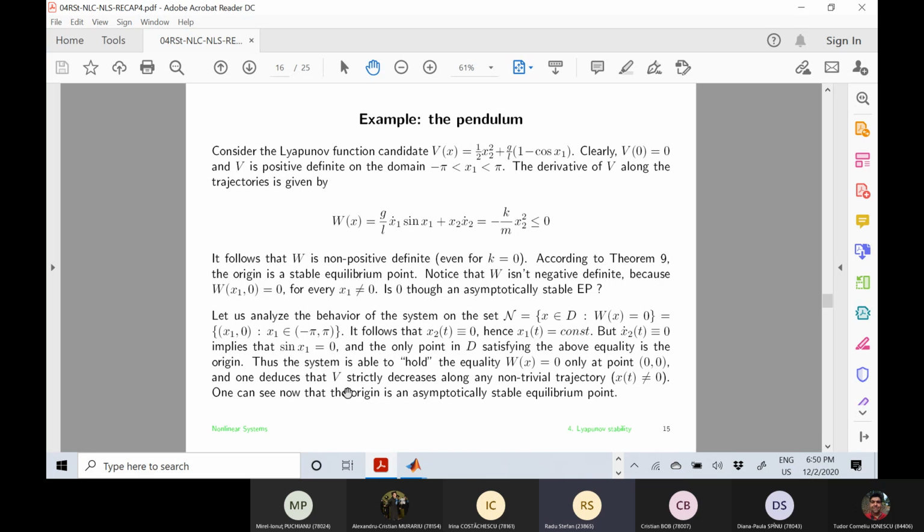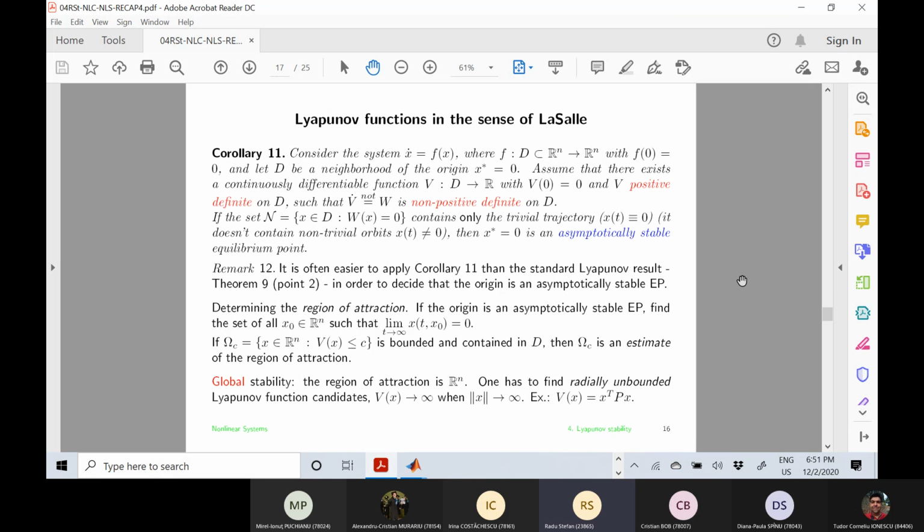This means that V strictly decreases along any other non-trivial trajectory. Hence, the origin is an asymptotically stable equilibrium point. This is one way of reasoning, right? Before getting to the break, we will formulate after the break a corollary regarding this type of reasoning.